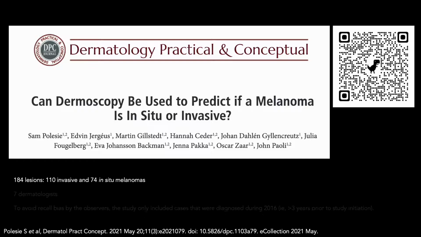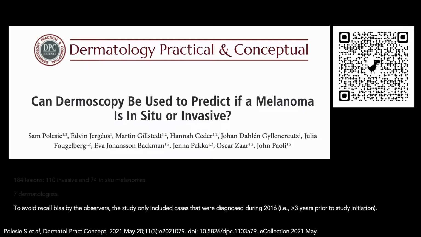In this investigation, we included 184 lesions, that is 110 invasive and 74 in situ melanomas. We invited 7 dermatologists to assess this data set, and they independently were required to answer whether they believed the lesion was invasive or in situ melanoma. To avoid any recall bias by the observers, we only included melanomas that were excised more than 3 years prior to study initiation.